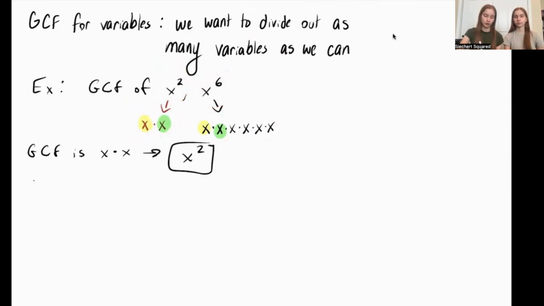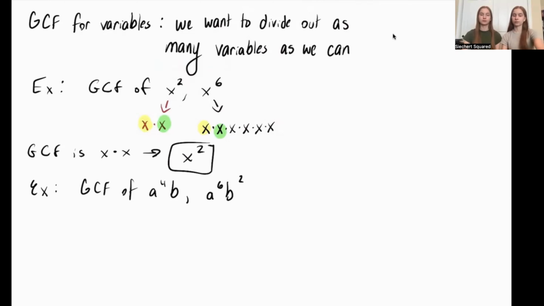So another one that we're going to look at, and this one we're going to have, instead of just x's, 2 different letters. Let's look at the GCF of a to the 4th, b, and a to the power of 6, b squared. So we can do the same thing that we did up above where we fully write it out. Even though there's 2 variables, it just looks a little bit different.